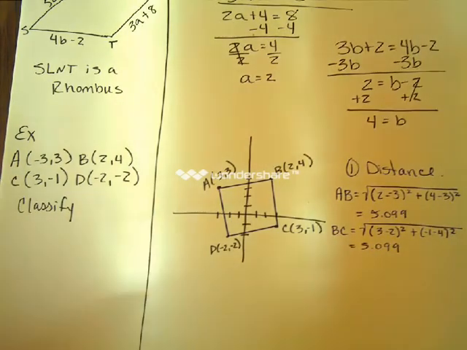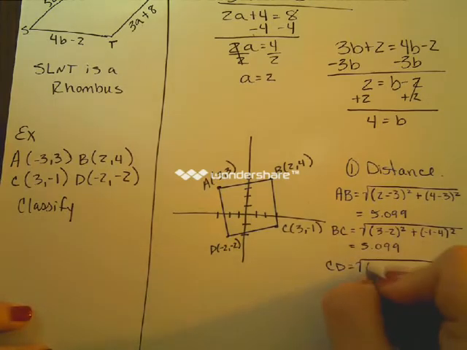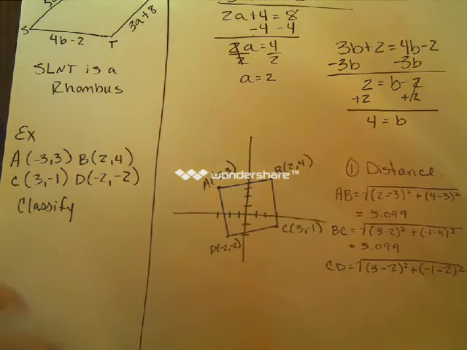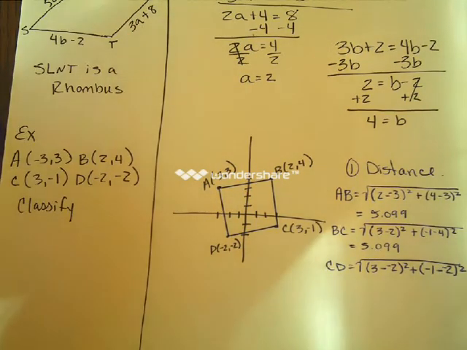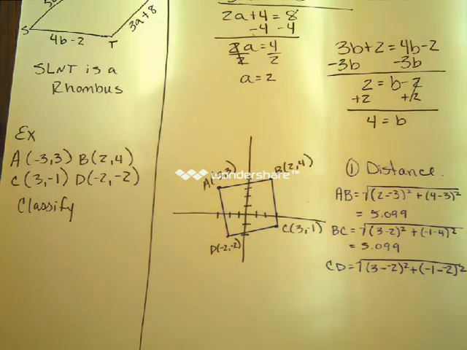Now I need to do CD. 3 minus a negative 2 squared, and negative 1 minus a negative 2 squared. 5.099.